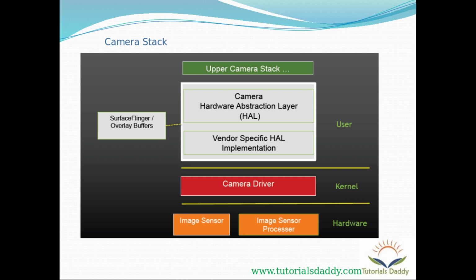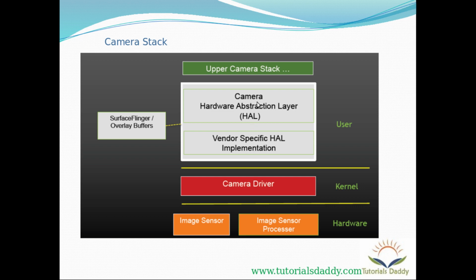So a company which is developing a chipset should have its own abstraction layer which can abstract the complexity of its own chipset or the hardware present in the system. So they develop their own HAL. That HAL is called the vendor specific HAL. Up to the Google Camera HAL, you have all native, generic interfaces. It's a hardware independent part. But from the vendor specific HAL, you will actually be interacting with the hardware. So this HAL will be dependent upon the hardware.